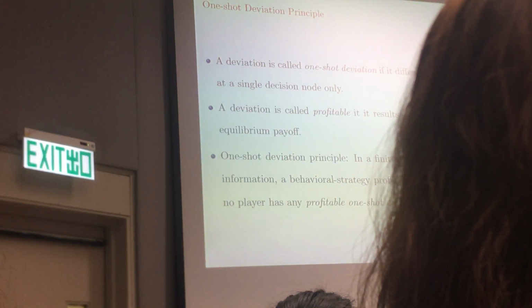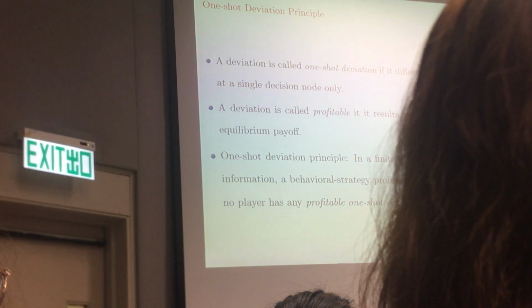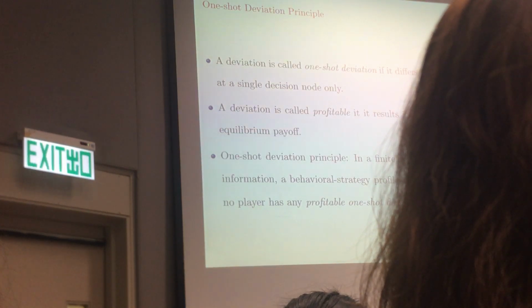Which means that whenever you try to solve a game, even if it is an infinite game, at least in this course, you can safely use the one-shot deviation principle. Same for games with imperfect information.